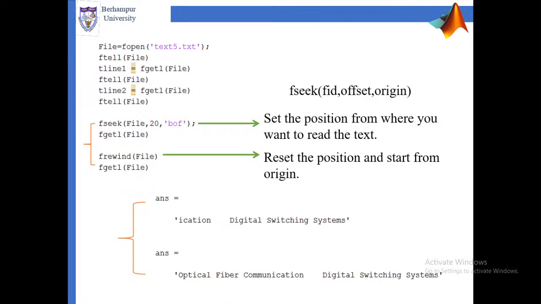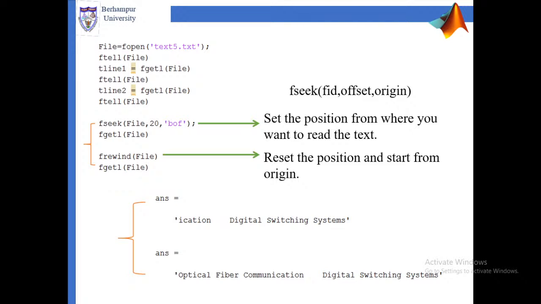Now corresponding to these two commands, you can see the answers at the bottom. The answer is communication, as I told you in the previous case. If I use fseek with 20 BOF, it will skip the first 20 characters. So from communication up to 'ication', everything is left out. It reads from 'ication digital switching system' for the first one.